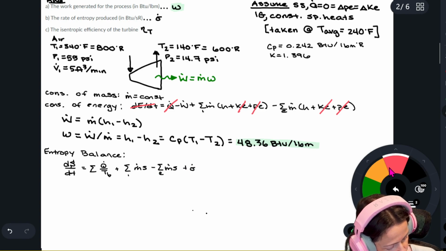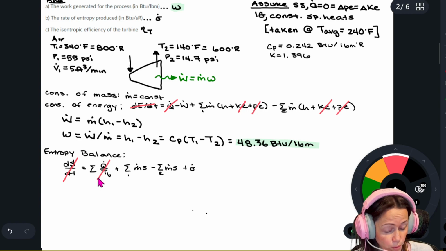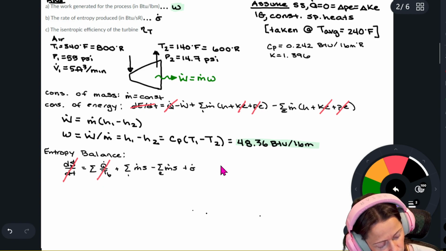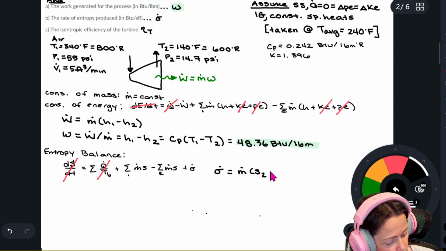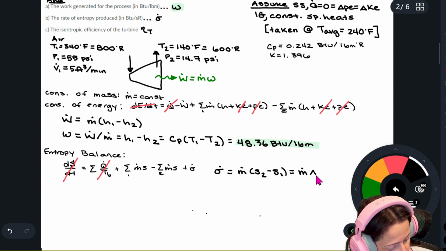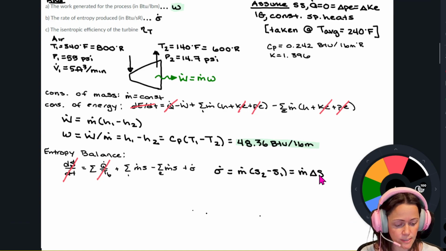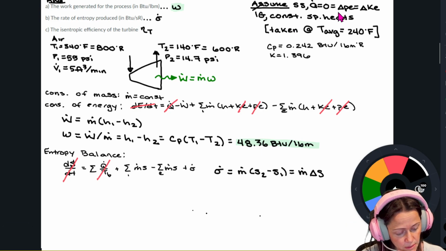And of course, I don't have the dS/dt term because it's steady state. There's no heat transfer, so there's no entropy transferred by heat transfer. And so all I should have left is sigma dot, and it's going to be m dot times s2 minus s1, or m dot times delta s. And I have very specific ways that I need to define delta s for an ideal gas, and even for an ideal gas with constant specific heats.